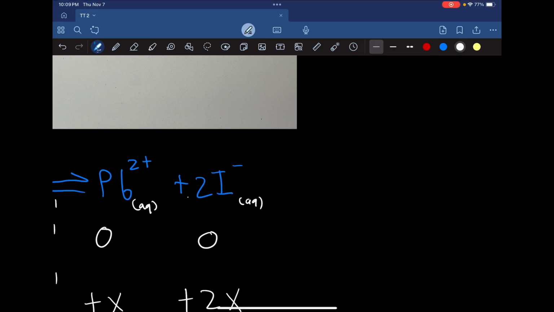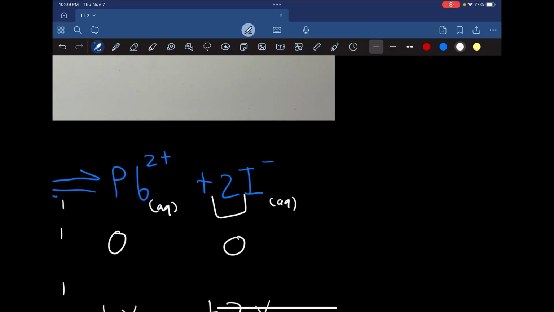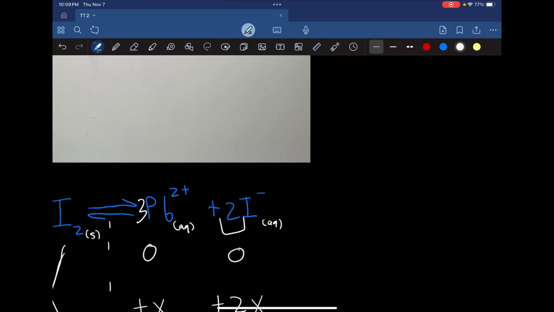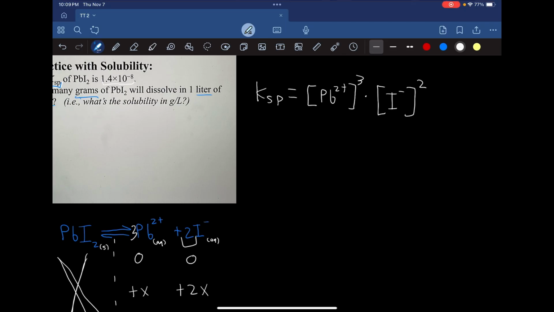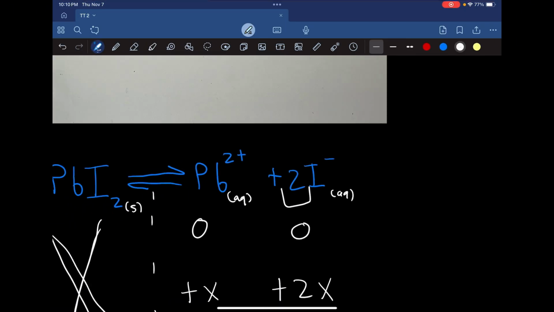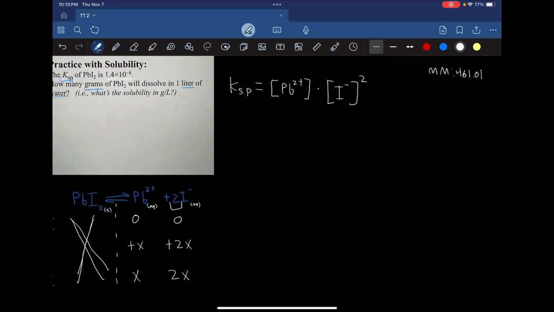Remember, we make it squared because of the 2. The coefficient always goes on the exponent in these types of questions. So if it said, for example, 3 Pb, we'd put a 3 right there. Okay, so now let's plug in our numbers.